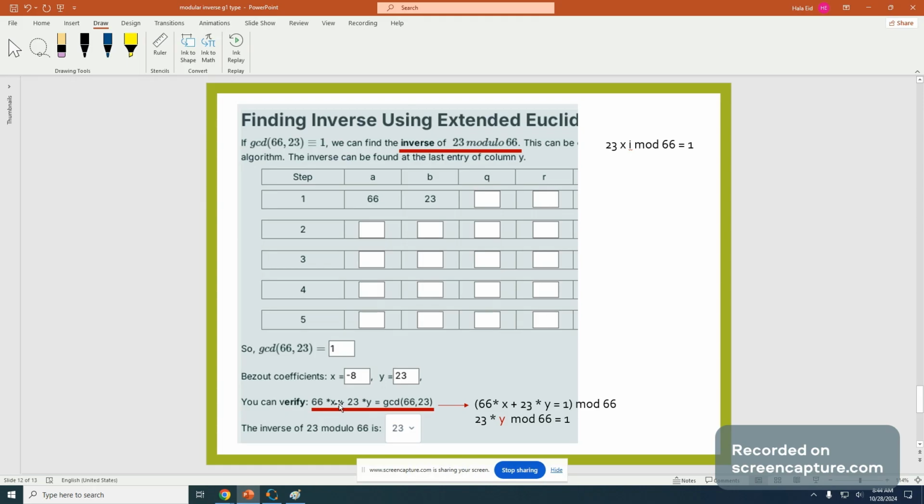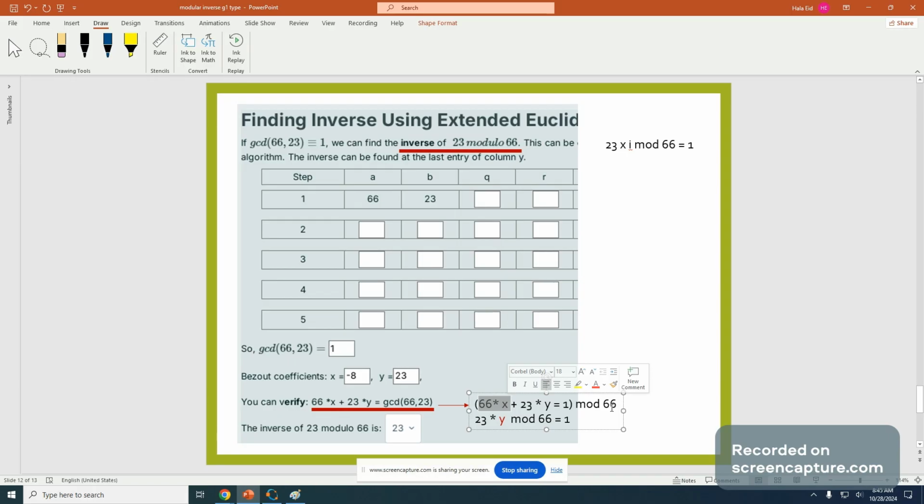So this is the linear combination equation, and I'm trying to find mod 66 for the entire thing. I'm going to take it one term at a time. I'm going to start with 66x mod 66. If I take 66 times any number and divide it by 66, what is the remainder of dividing 66x by 66?